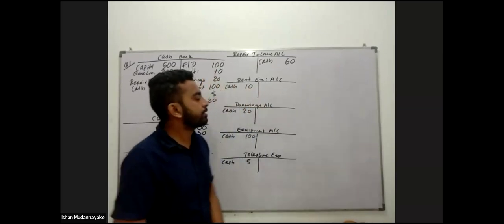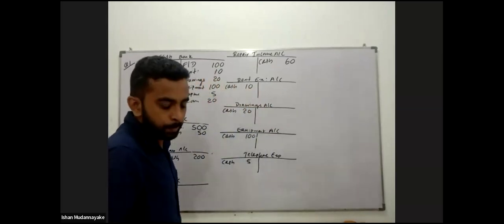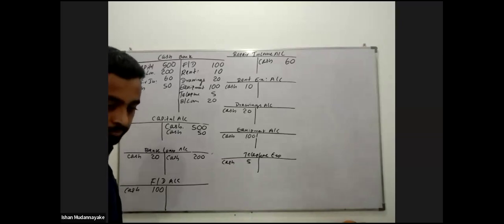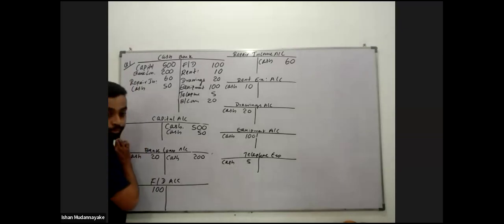Right. Balance off. This one is the cash book. How to balance off a ledger account.